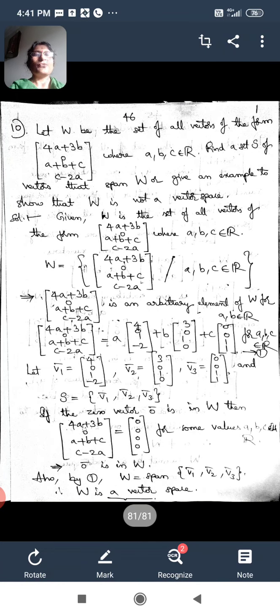Our task is to find a set capital S of vectors that span W, or give an example to show that W is not a vector space.